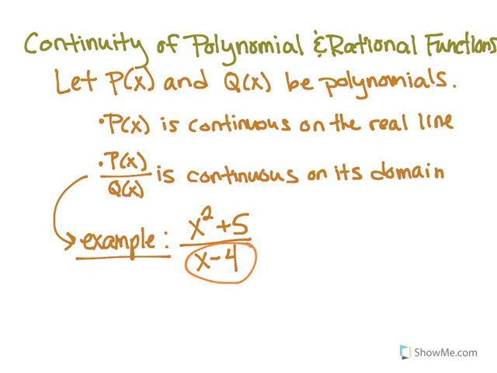And to do this the long way, just to make sure, we set this denominator equal to 0 to see where that happens. We solve, and I get x equals 4. So what that tells me is, first of all, my domain is everything except x equals 4, and so is its continuity. So that's how you have to figure out the continuous parts of a rational function.